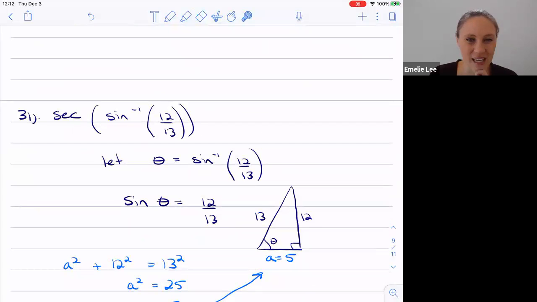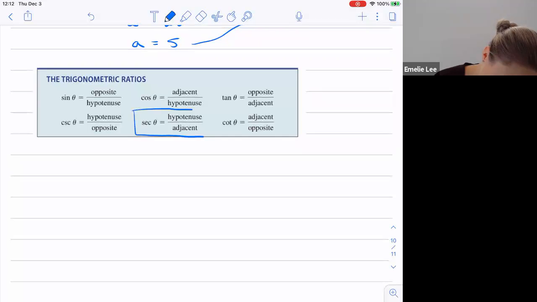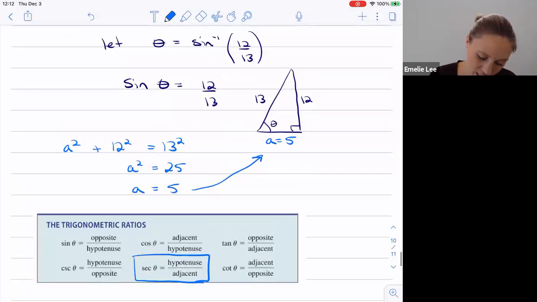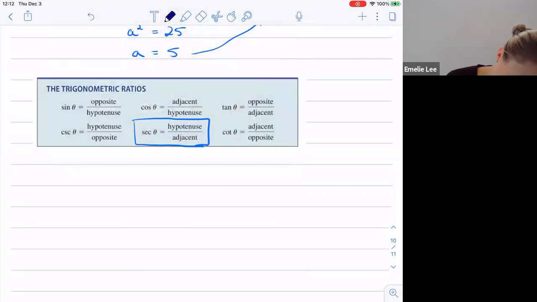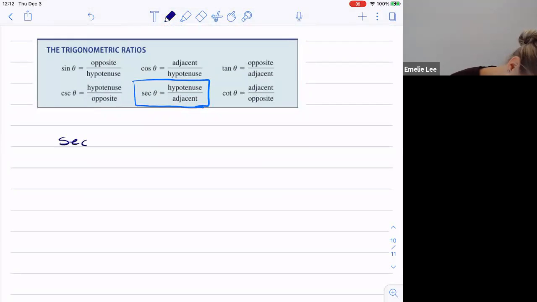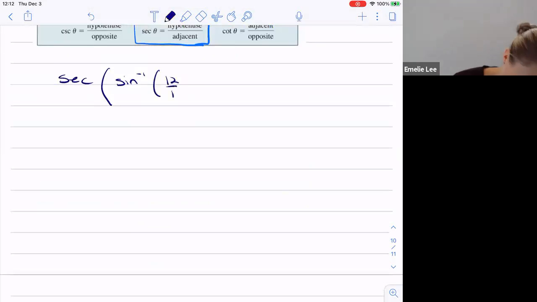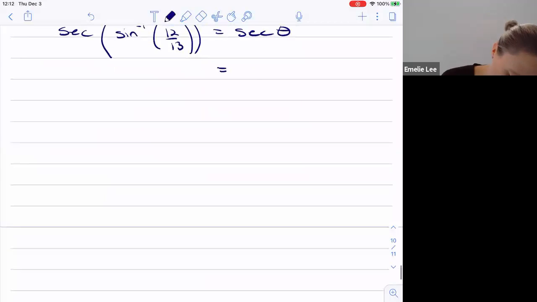The secant of theta is this one here, hypotenuse over adjacent. The hypotenuse is 13 and the adjacent is 5. So what we know then is the secant of the sine inverse of 12 over 13 is the secant of theta, which is the hypotenuse over adjacent, 13 over 5.